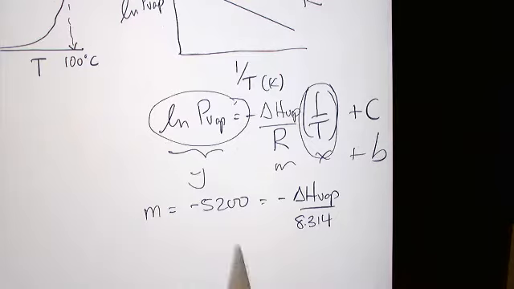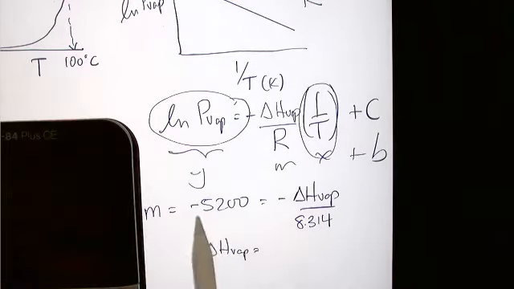So to get delta H, you can do it in two ways. You could start by saying, hey, the two negatives just cancel. Or you could not do that and just say negative 5,200 times negative 8.314.